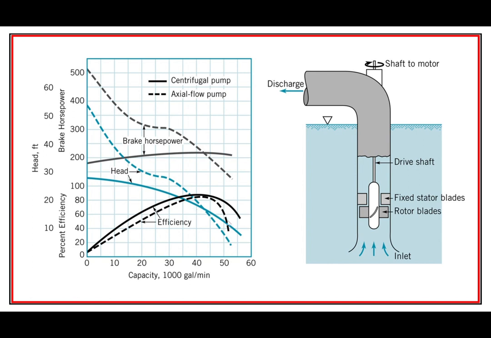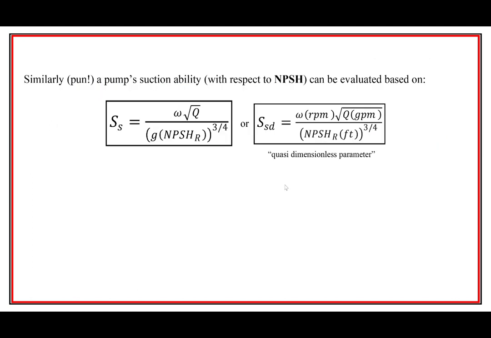The efficiency doesn't really change all that much, although it does drop off at the higher end for the axial flow pump. And here's an example of an axial flow pump where we have it submerged. Interesting.